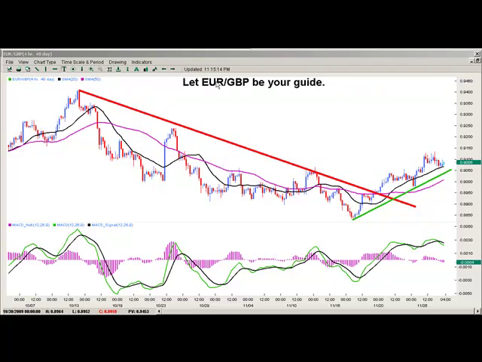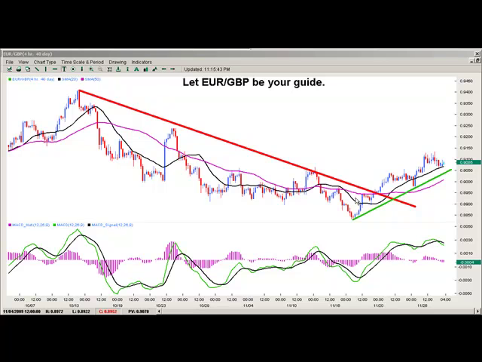In other words, you would be better to be more bullish on the euro than on the pound. When it continually holds below the zero line here, you're better being short this pair, or having a bias more towards pound strength rather than the euro that's weak at the time.